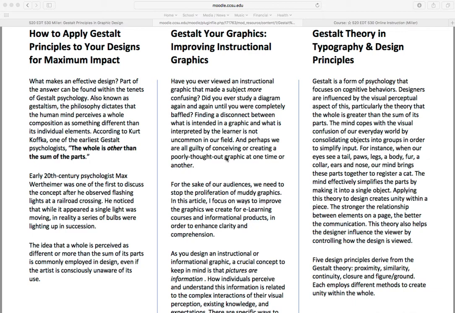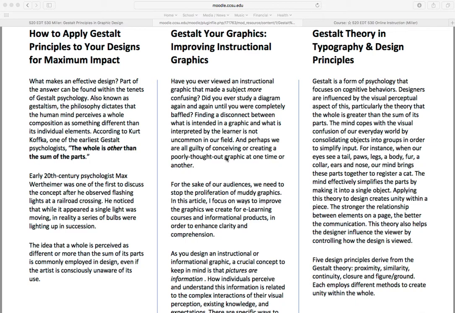So they talk about here in the introduction that the basics of Gestalt is that we do see the whole, that all of the individual parts are grouped together and are processed in the brain as groups as opposed to as individual elements. In terms of the instructional graphics, that translates into how confusing something might be for a student.